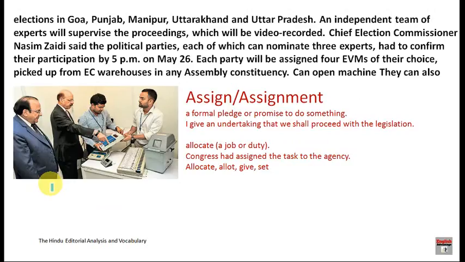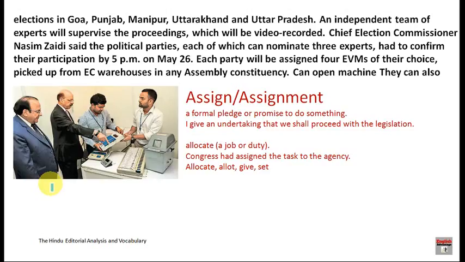And Chief Election Commissioner Nasim Zaidi, you can see the picture, is showing all the things regarding this EVM hackathon. Nasim Zaidi said the political parties, each of which can nominate 3 experts, had to confirm their participation by 5 p.m. on May 26.